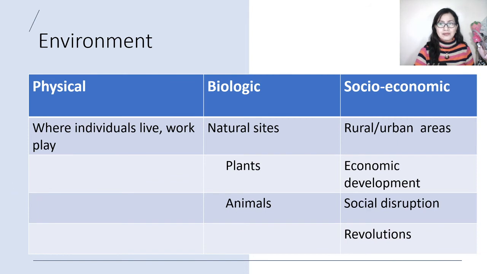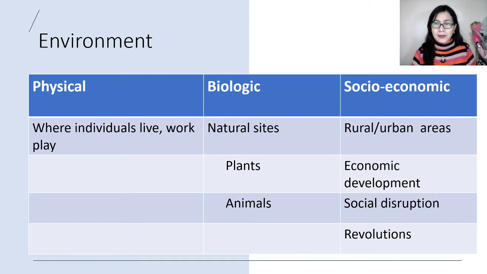When we say physical environment, this is where individuals live, work, play or stay. When you say biologic, we've discussed these are natural sites, with plants and animals. And socioeconomic involves either rural or urban areas.